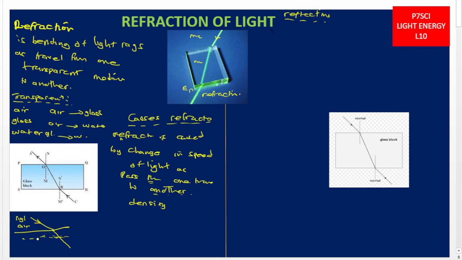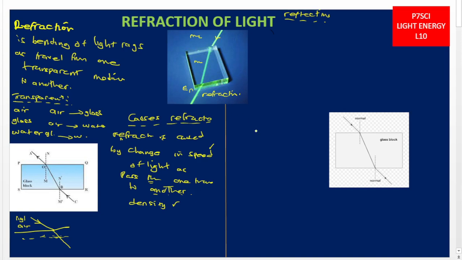So refraction is caused by the change in speed of light as it passes through one transparent medium to another of a different optical density. Remember, we've said refraction is the bending of light rays as they move from one transparent medium to another. That is the cause.